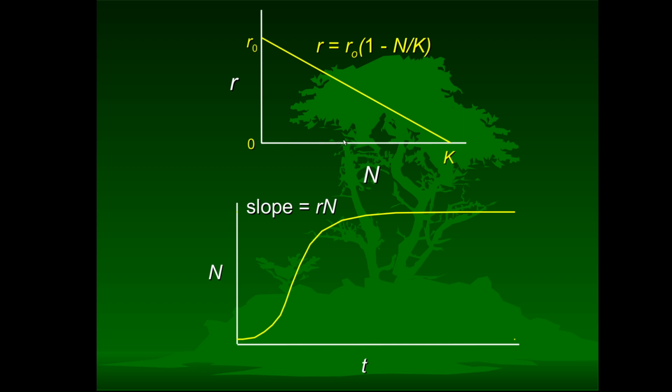But as n in this graph increases, little r gets closer and closer to 0 as n approaches K. So as n approaches K, little r gets closer and closer to 0, so r times n gets closer and closer to 0. So the slope becomes eventually 0. So that means n has reached a point where the rate of growth is 0.